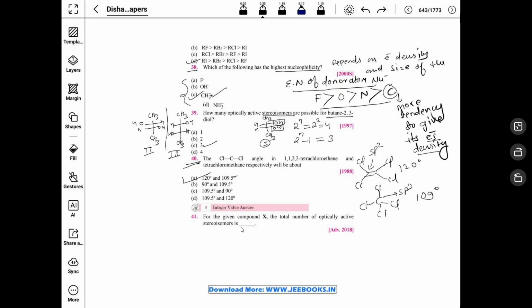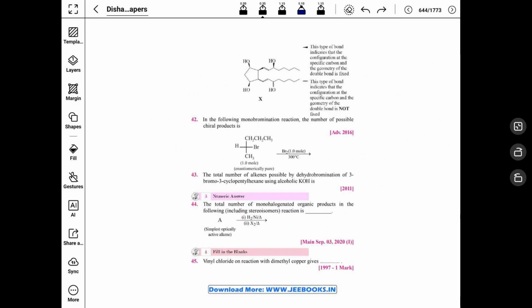Question number 41. For the given compound X, the total number of optically active stereoisomers is. So what is X? Let's see. So this is the compound and they are saying that this bond indicates that the configuration at the specific carbon and the geometry of the double bond is fixed. Okay, so we can see that this hydroxy is above the plane, this is also above the plane, and this is also above the plane, and the configuration at this carbon is also above the plane with the trans geometry.